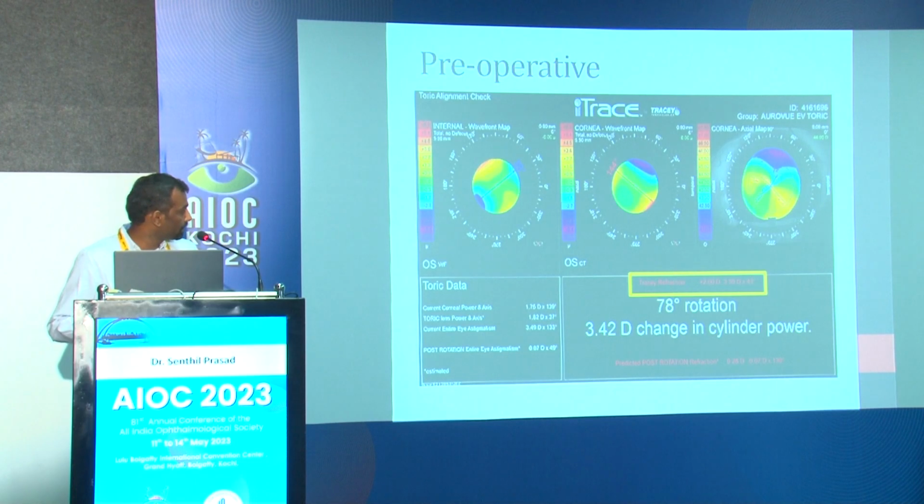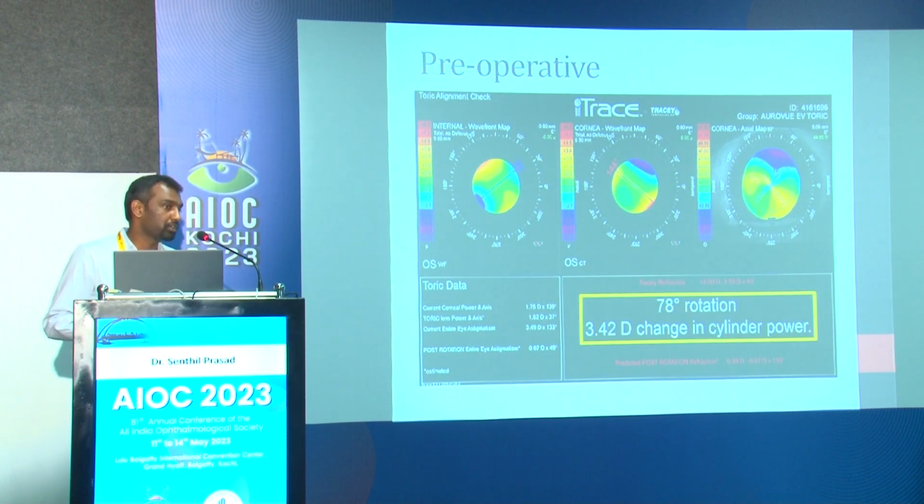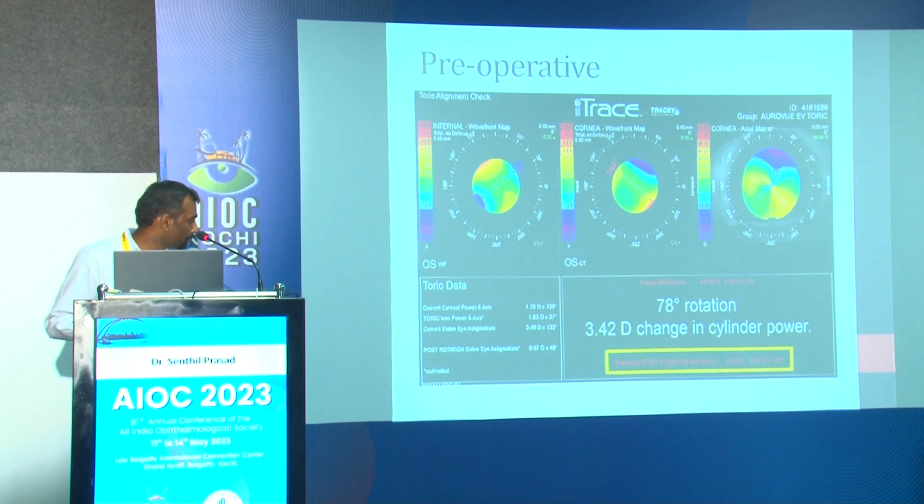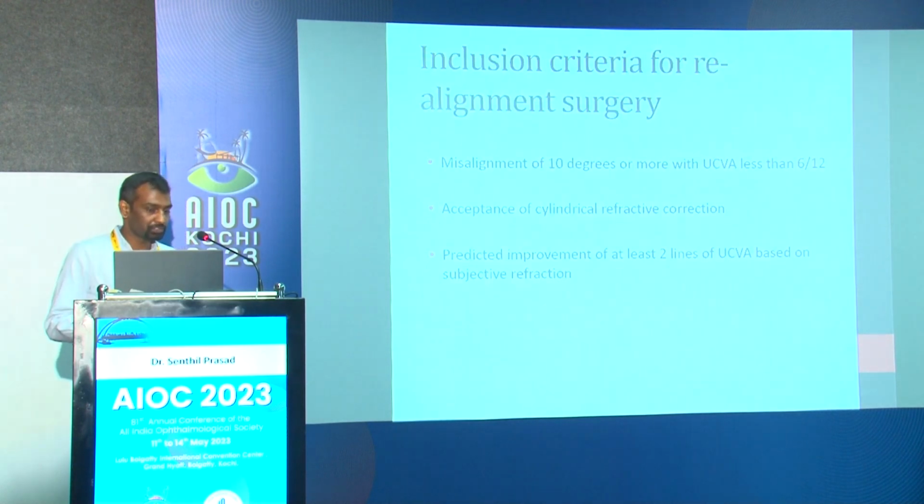It provides an objective refraction, which in this case is around minus 3.5 diopters at 43 degrees. Then it suggests a rotation of 78 degrees and predicts a change of around 3.42 diopters in the eye. And post rotation, it estimates a residual astigmatism of around 0.07 diopters. So this is how it gives the values.